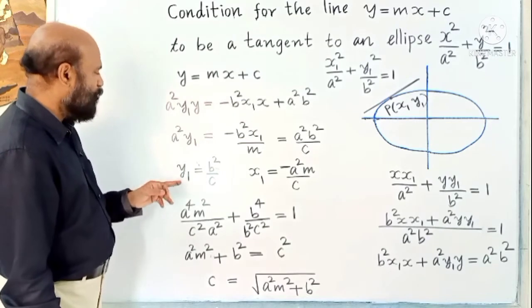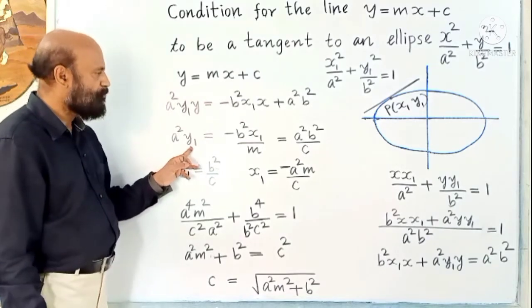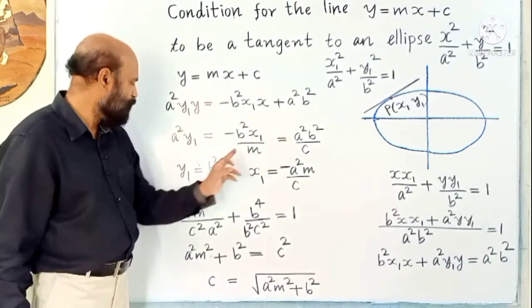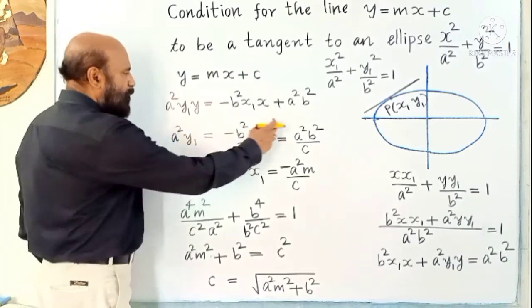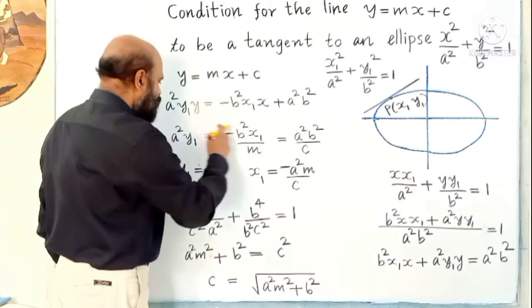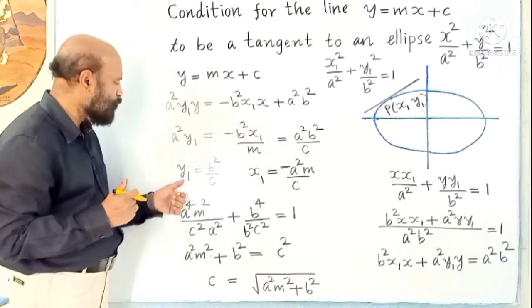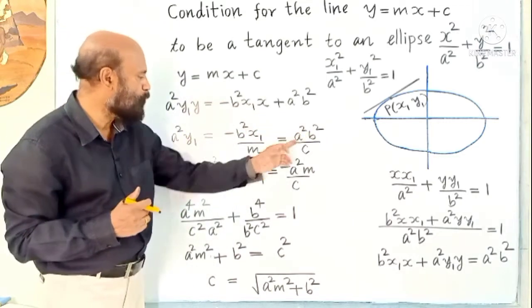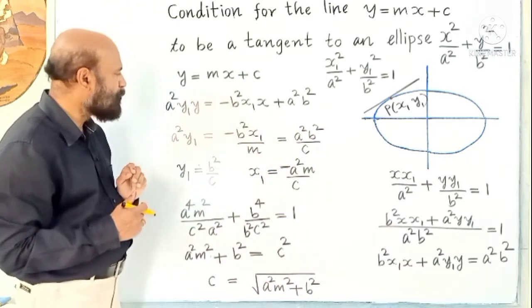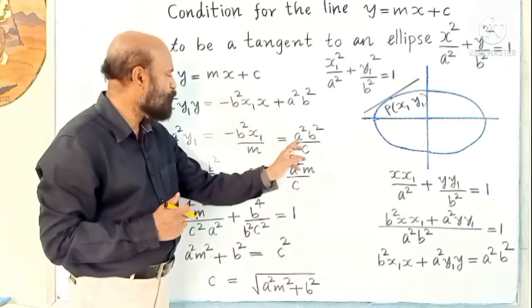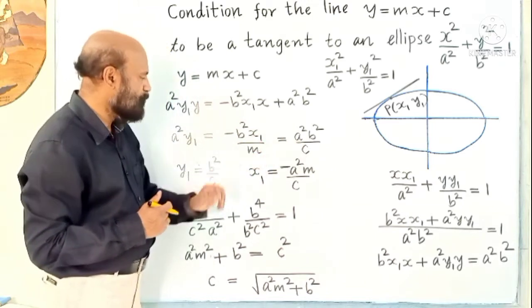Now, from these two you can get y1. The a² will get cancelled, so y1 is equal to b²/c. Equating these two, you can get x1.